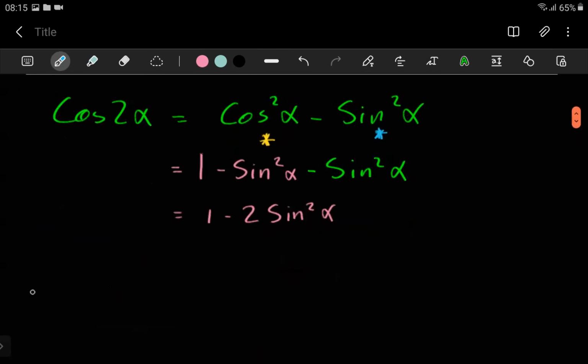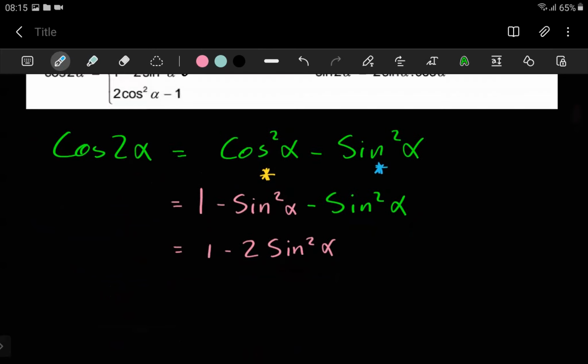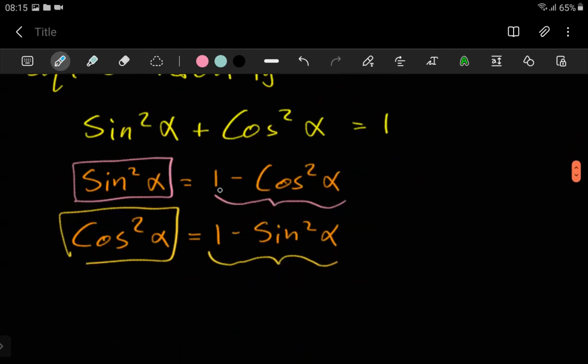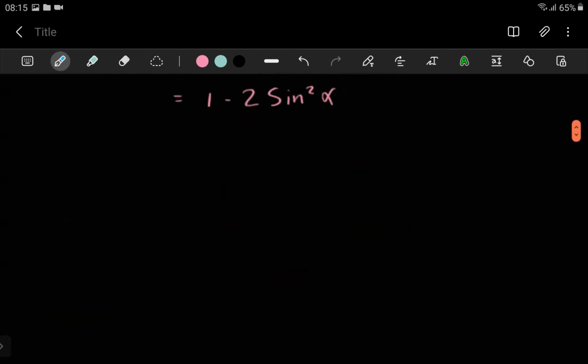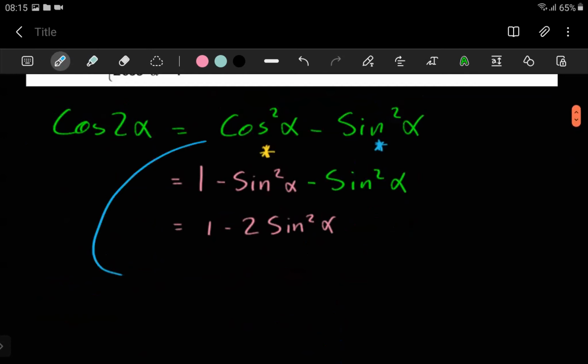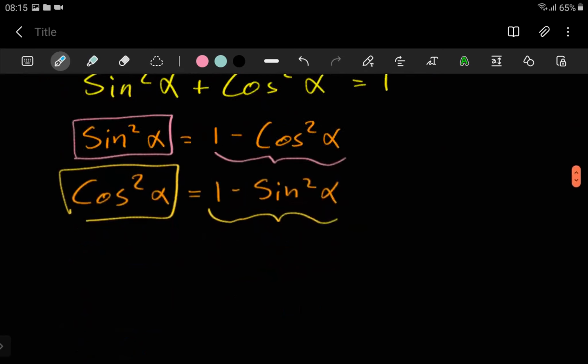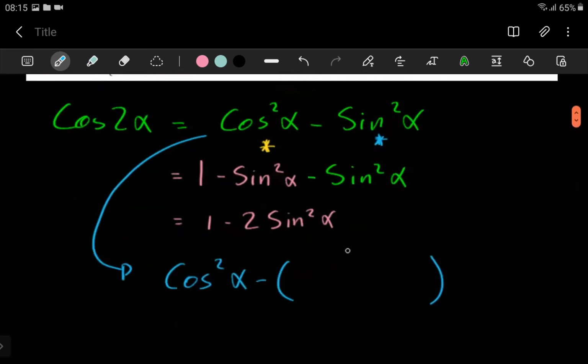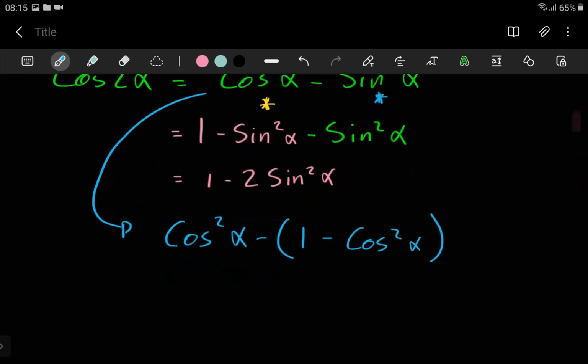So if you change this to 1 minus cos squared alpha, you'll also have, you see here the cos squared, remember it's staying the same. But if you change the sine squared, you'll have a minus here. In brackets, you can drop in there 1 minus cos squared alpha.